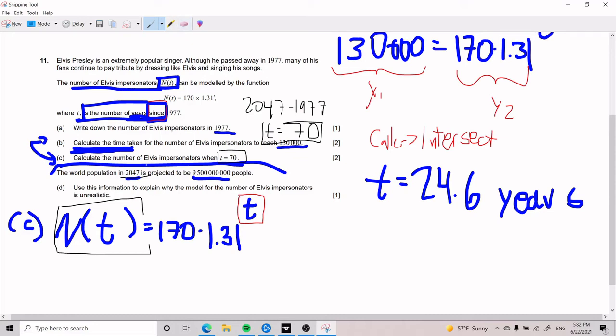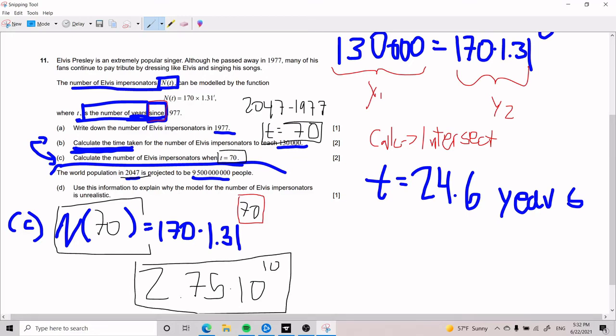And so if we go ahead and plug in t equals 70 in the function, which is something that we did earlier, the number we ended up with was 2.75 times 10 to the power of 10. And so we need to compare this number to what is predicted.